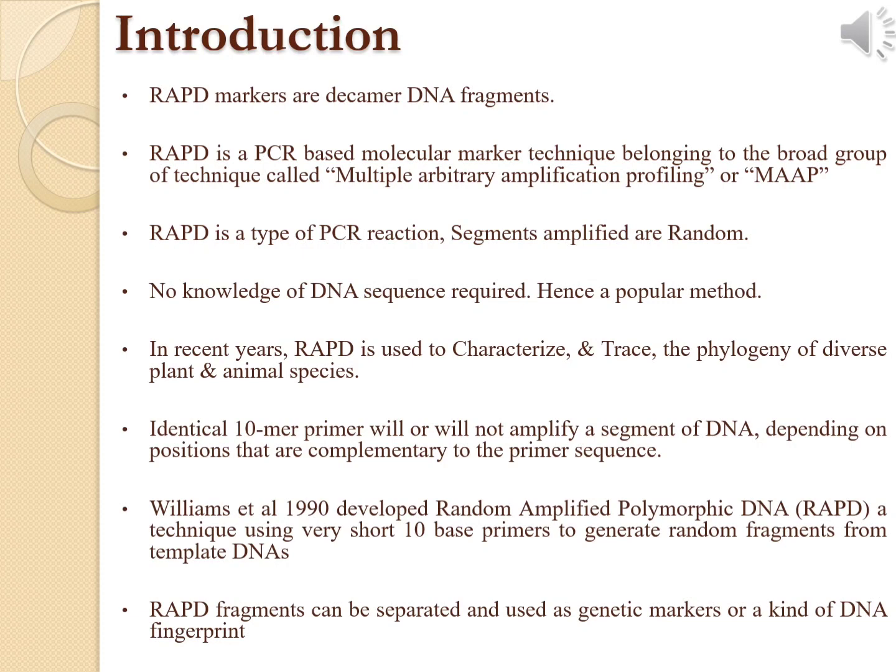Genetic analysis can be carried out in these organisms using RAPD. Random Amplified Polymorphic DNA or RAPD was developed by Williams et al. in the year 1990. Nowadays, RAPD is also used to characterize and trace the phylogeny of diverse animals and plant species.